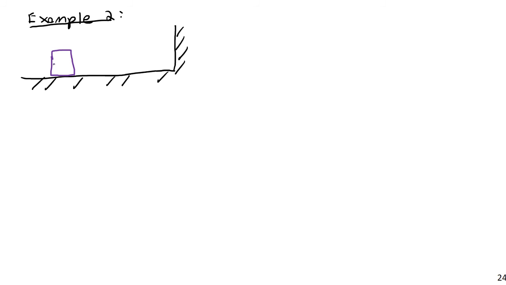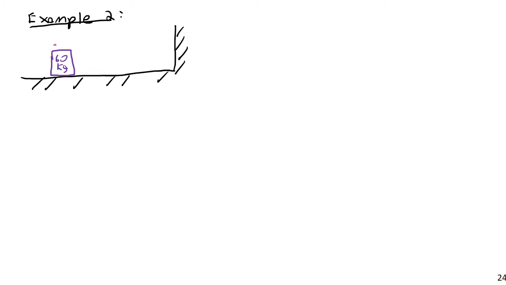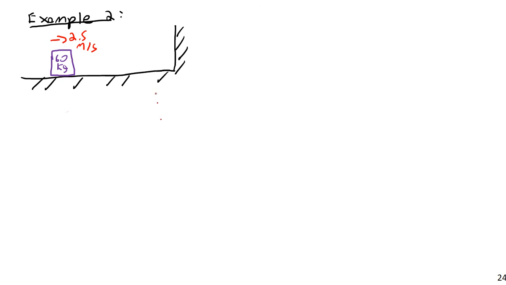This is going to be a 60 kilogram crate, and initially it is flying along at 2.5 meters per second. And I'm going to put a spring here, just for fun.